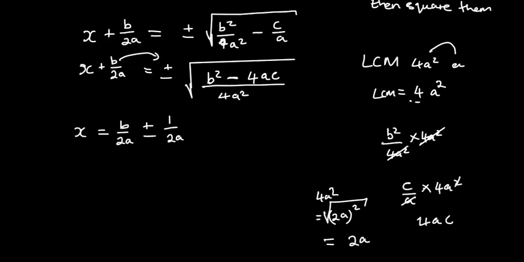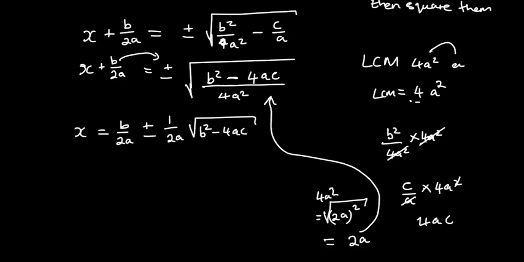Remember that this is coming from underneath there. So it's 1 over, and then inside is going to be square root. Then we're just left with b squared minus 4ac. Then afterwards, you factorize the 2a there, 1 over 2a.